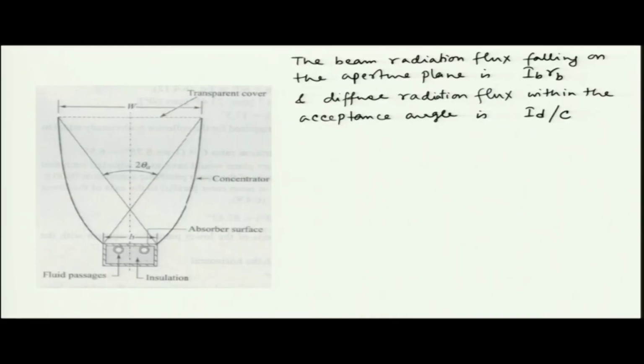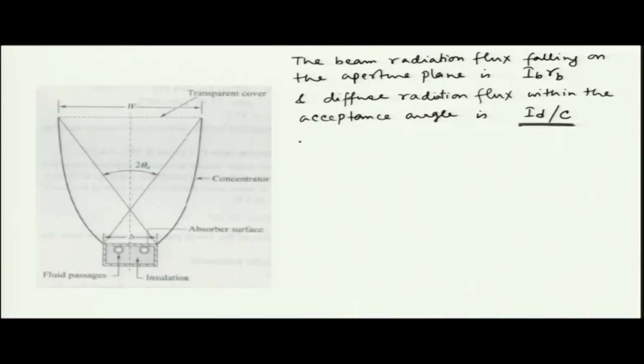Because the diffuse radiation is coming from all kinds of direction, right, and only a fraction of that which is coming inside the aperture is coming on the receiver plane. So, we have to divide it by concentration ratio C. Okay. So, again this particular expression involves a long derivation which we are not able to cover here. You can look that up from the original papers.